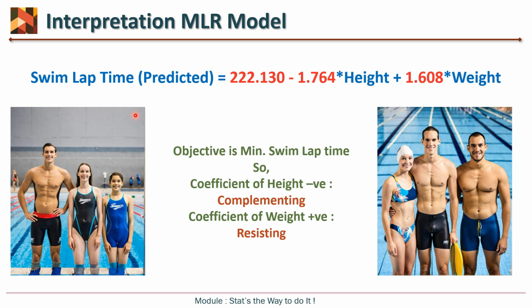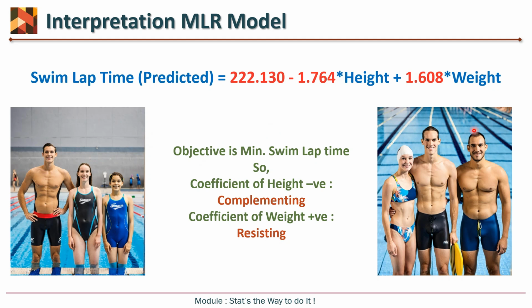The objective is to minimize the lap time and the coefficient of height is negative. So the negative coefficient is already helping the swim lap time to be less. So it is termed a complementing factor. In this equation, height is a complementing factor in minimizing the swim lap time. The more the height, the lesser the swim lap time. So in this figure, the person with maximum height may have the minimum swim lap time based on height.